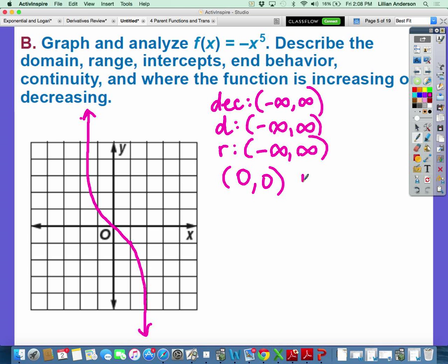Let's see, end behavior. Aiden. Yeah, that's the limit, right? The limit as, which one are you giving me? As it approaches infinity, going to infinity, very good.